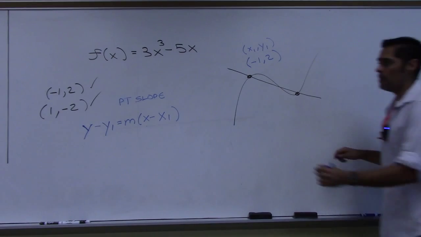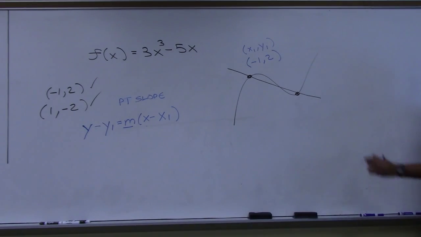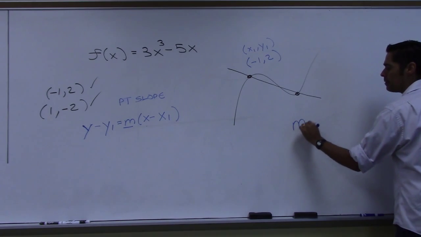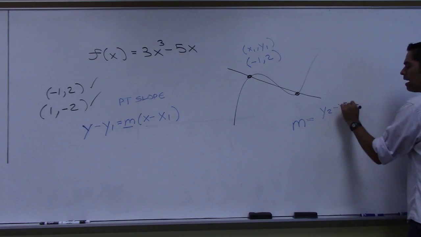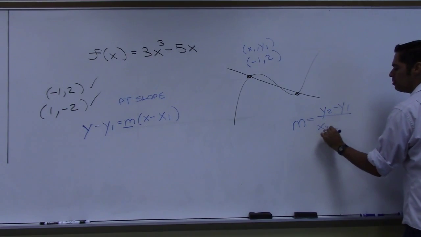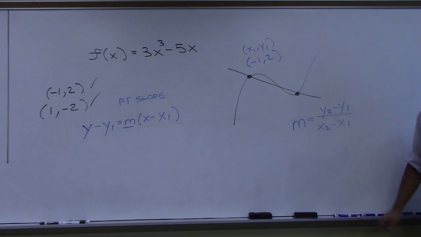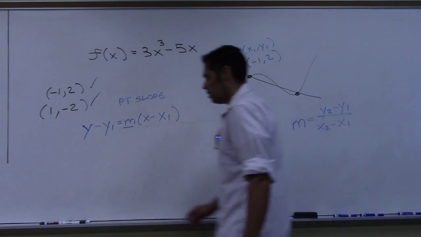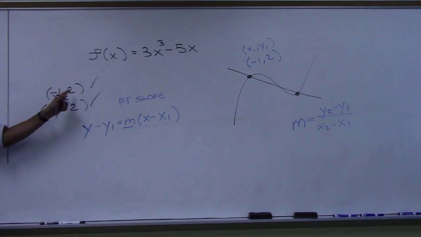How do you find the slope of the line? So m is the slope. Rise over run. The definition of m would be y2 minus y1 over x2 minus x1. This is from college algebra, right? This is our formula for slope. We already called this point x1, y1.